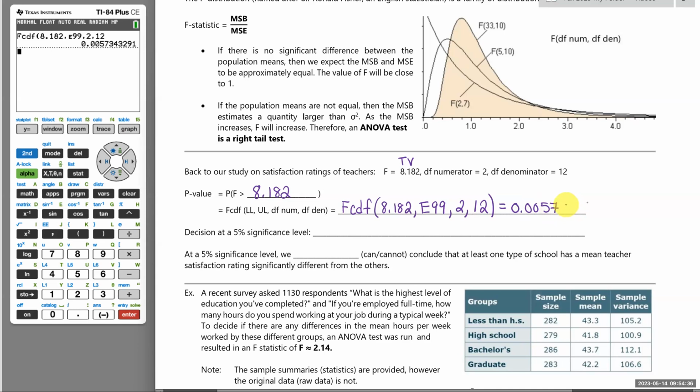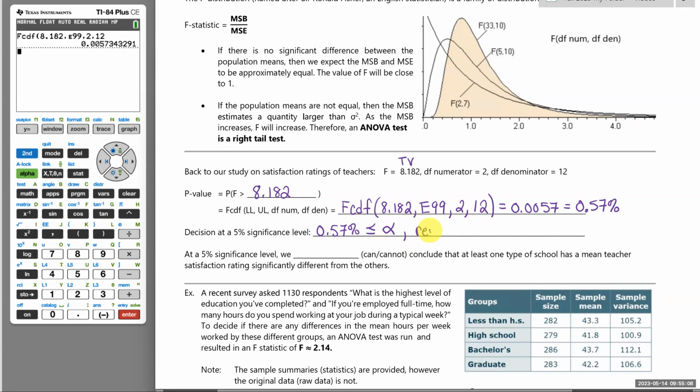0.0057. And I'm going to write that as a percent. So 0.57%. So even less than 1%. So at a 5% significance level, our p-value there, 0.57%, is definitely less than or equal to our alpha of 5%. So when our p-value is low, we let the null go.